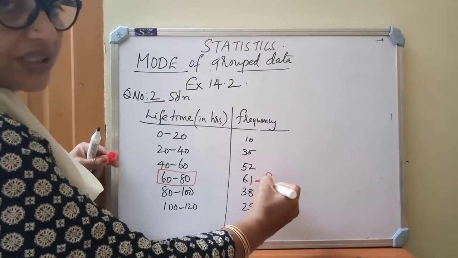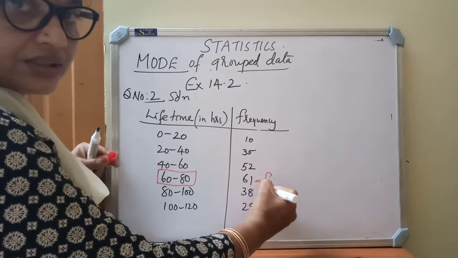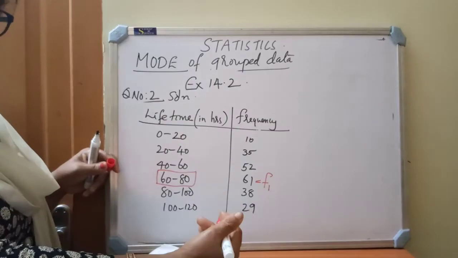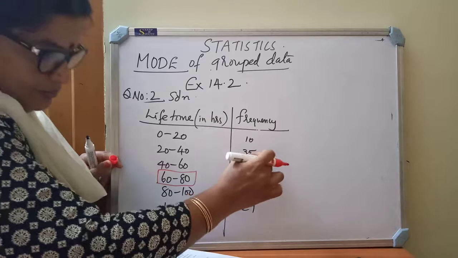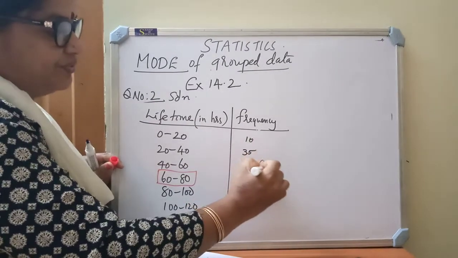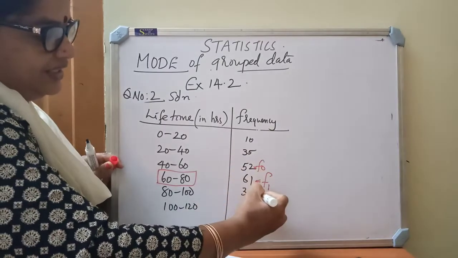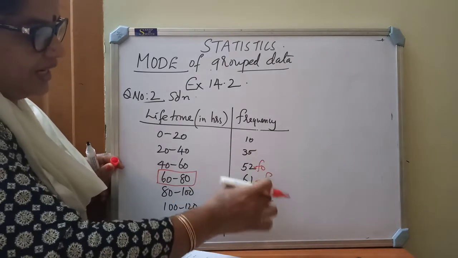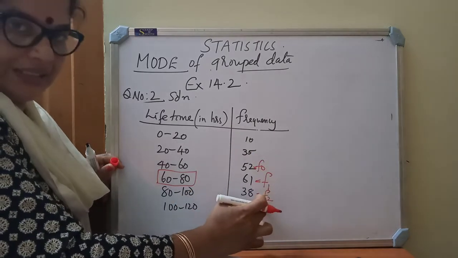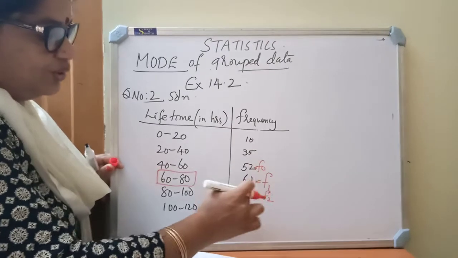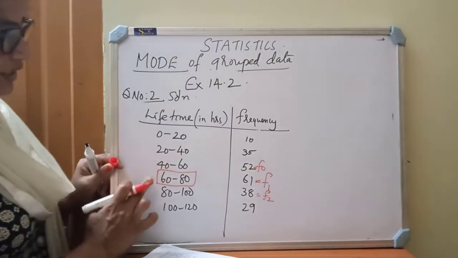So what is the representation of the frequency of the modal class? Very good, F1. So where will F0 and F2 come? Preceding and succeeding, isn't it? So preceding class is 52, succeeding class F2 is 38. So you must write here with pencil: this as F1, this as F0, this as F2. This is the modal class.